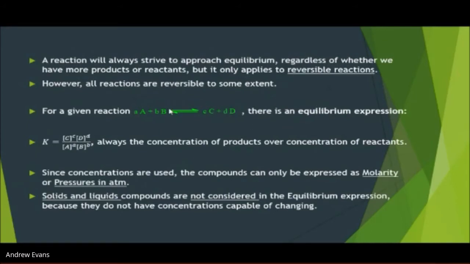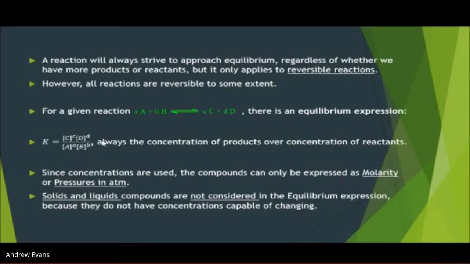But basically, for any reaction where reactant A and reactant B go to product C and product D, we can write an equilibrium expression. That K, our magic equilibrium constant, is products raised to their coefficients over reactants raised to their coefficients.